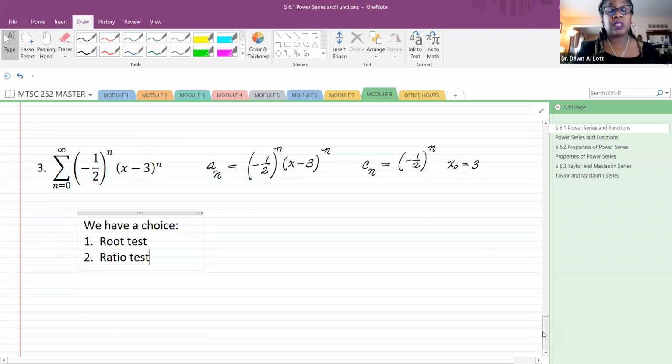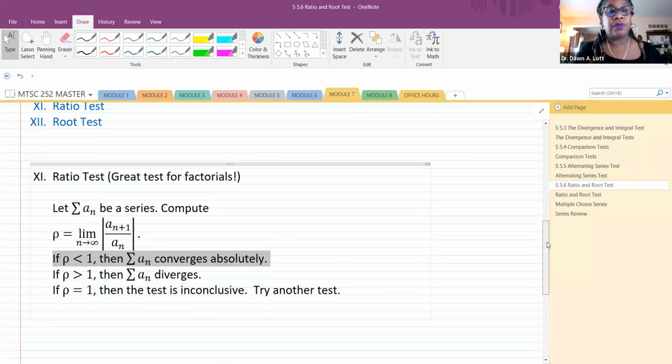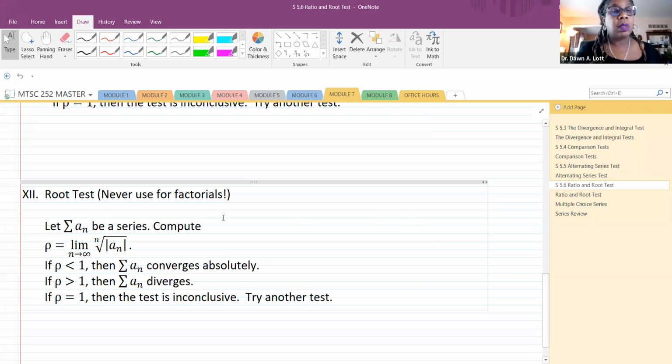Both of them will give you the same answer, but I'm going to use the root test because everything in here is raised to the n power, so taking the nth root is going to be easy. For the root test, we're looking for rho to be the limit as n approaches infinity of the nth root of the absolute value of an. And then after we compute that, we want to look for where rho is less than 1.